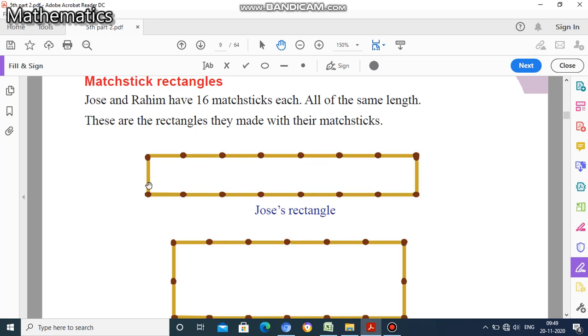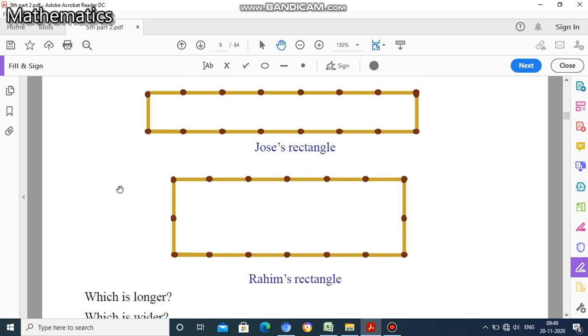Right, Joe's 16 matchsticks. Then this one is Rahim's rectangle. Let's count the matchsticks. 1, 2, 3, 4, 5, 6, 7, 8, 9, 10, 11, 12, 13, 14, 15, 16.